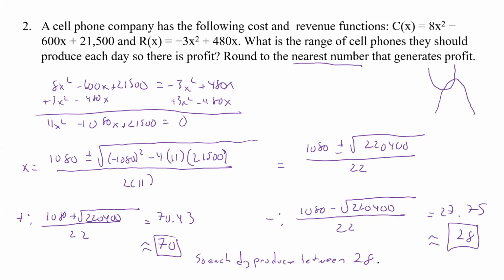I'm thinking it's 28,000 and 70,000, based on this number here being in thousands. It doesn't make sense to make only 28 cell phones a day. So I'm going with 28,000 to 70,000 as the probable actual value they're looking for.